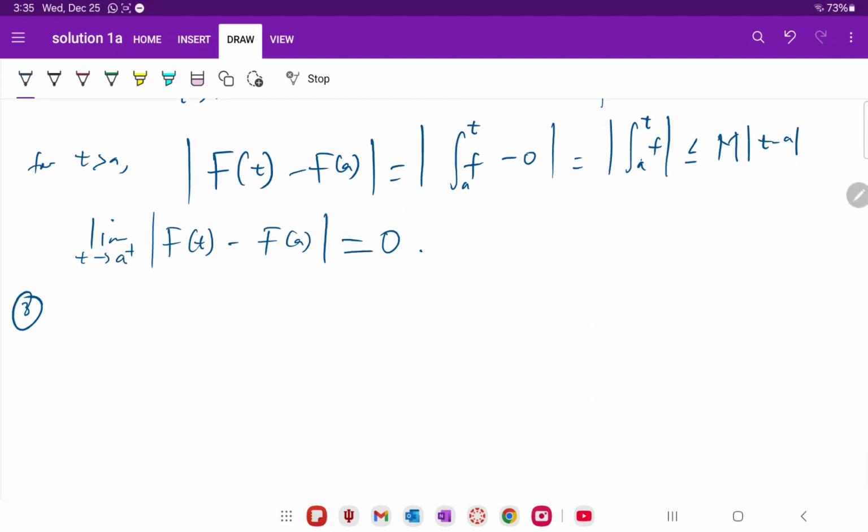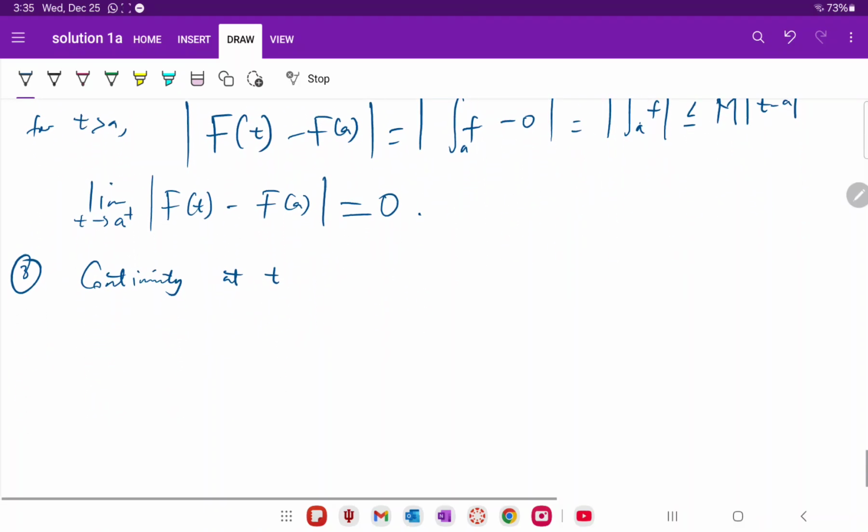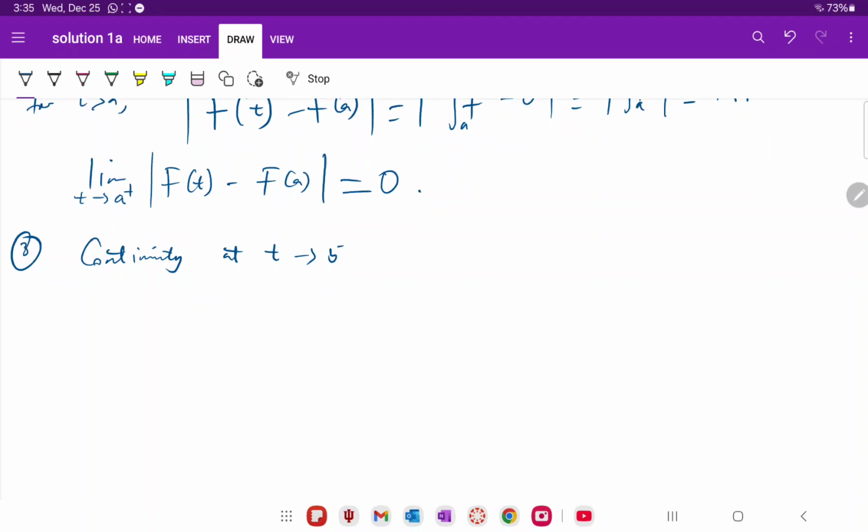So now the last one is continuity as t tends to b from the left.